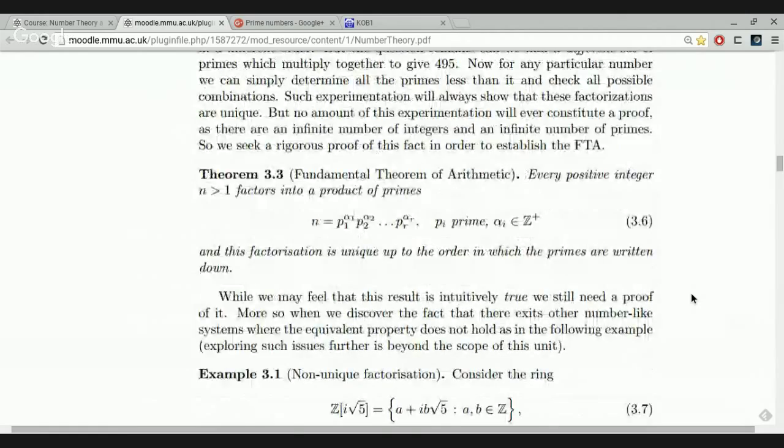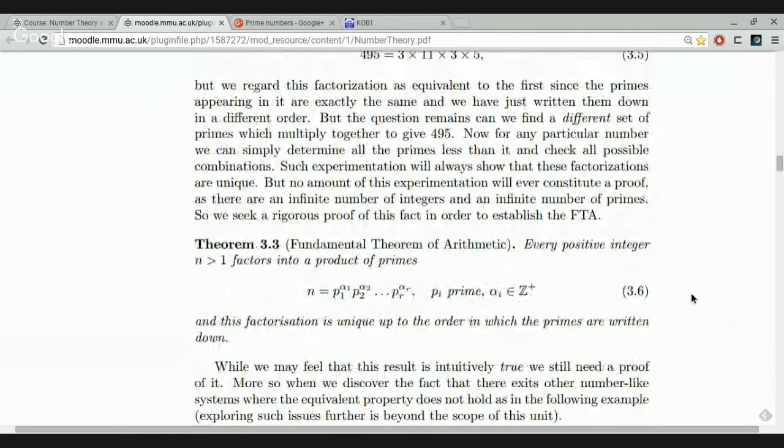Now, just to understand the notation here, it says every positive integer n factorizes into a product of primes. The P1 up to PR are the different prime numbers that divide n, and they all have indices, alpha 1, alpha 2, up to alpha r.